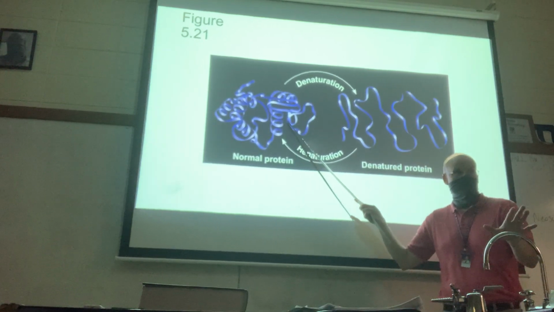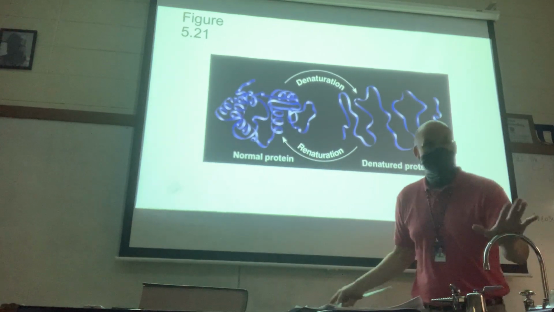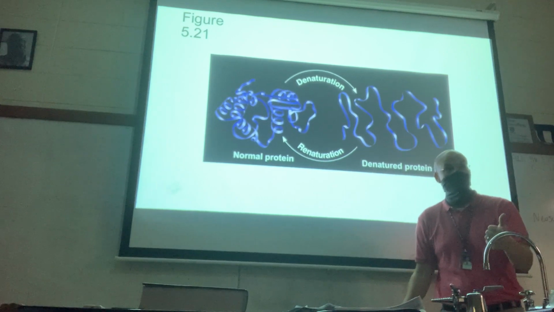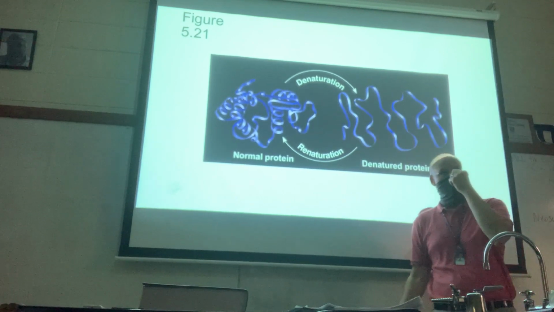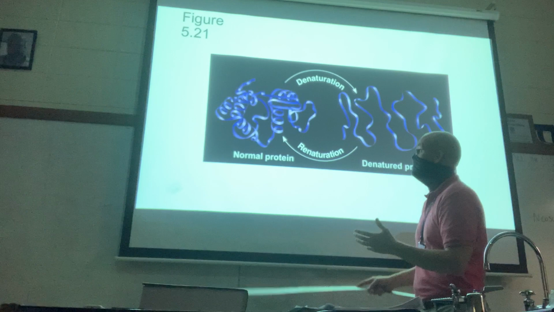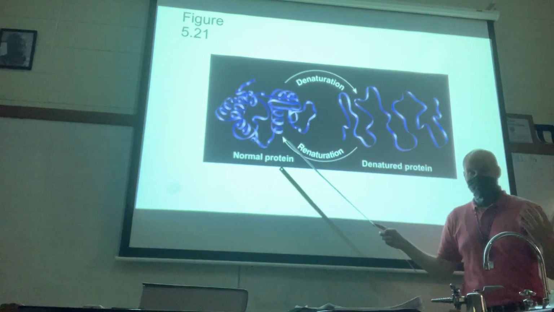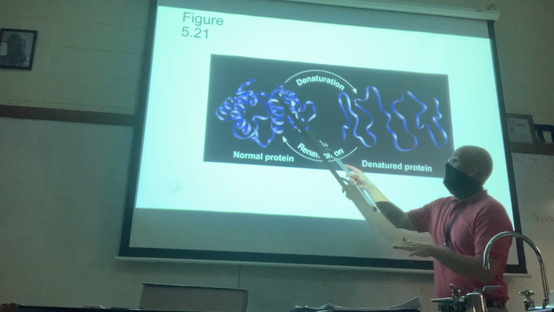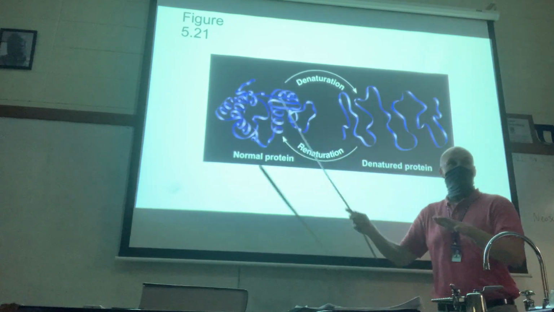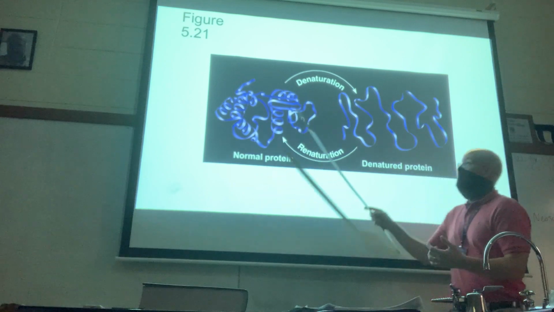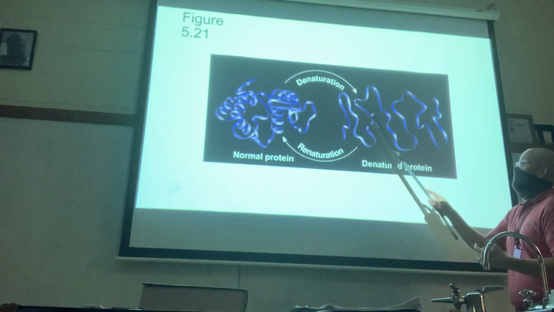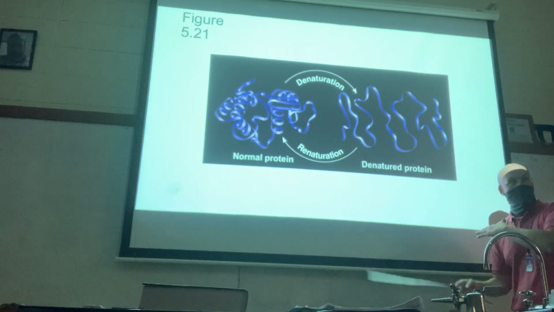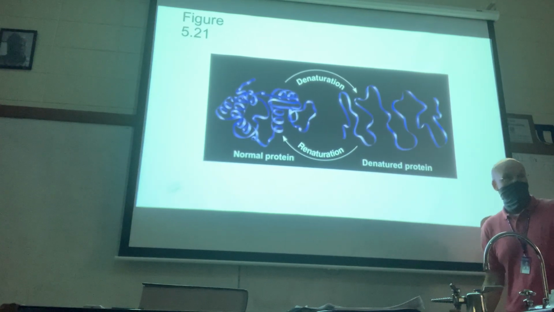So it's a protein. But what happens sometimes is if you heat up a protein or expose it to, say, a strong acid or base, typically heat will cause the shape to fall apart. And it can denature. And if a protein loses its shape, it doesn't work anymore.